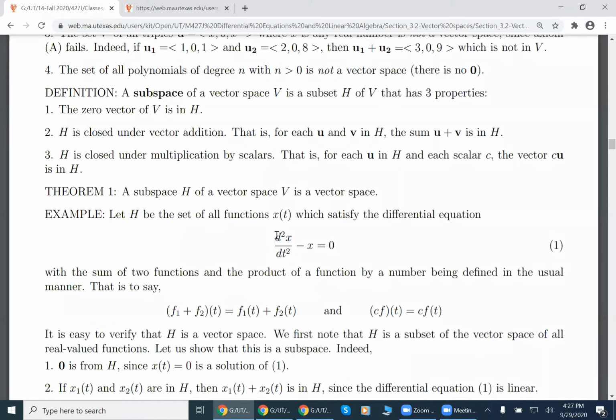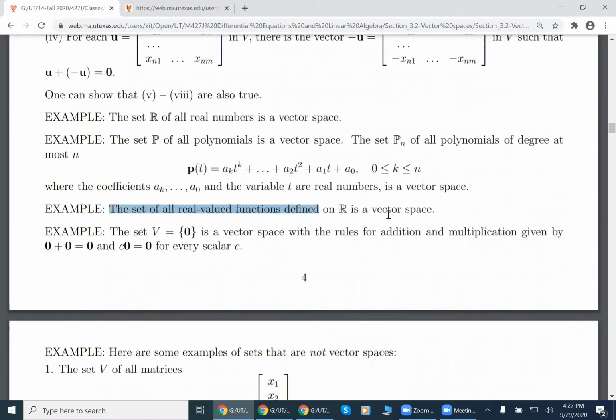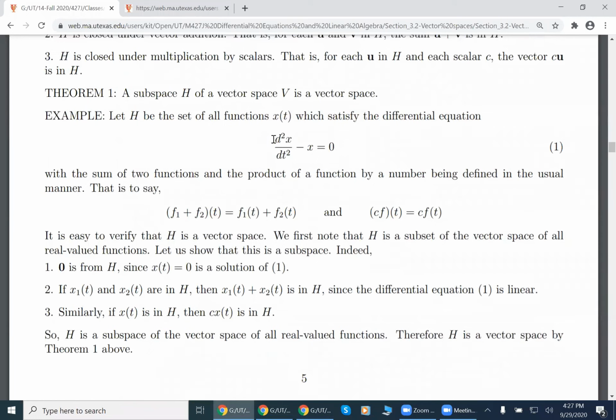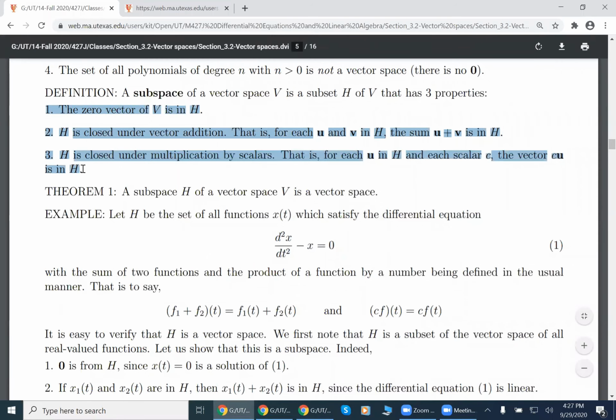Therefore, the set of all solutions of such an equation is a subset of a vector space. Therefore, in order to prove that the set of all solutions of this equation is a vector space by itself, it is enough to check only three properties.